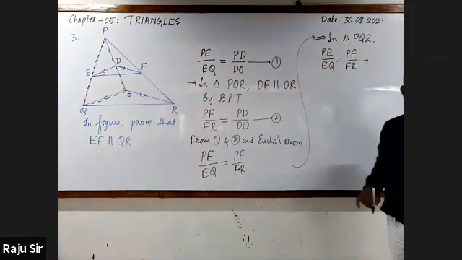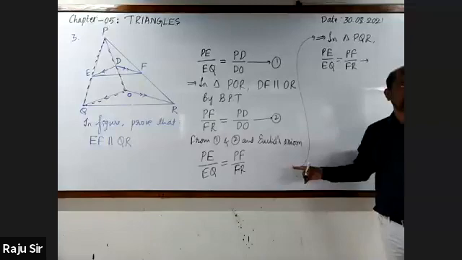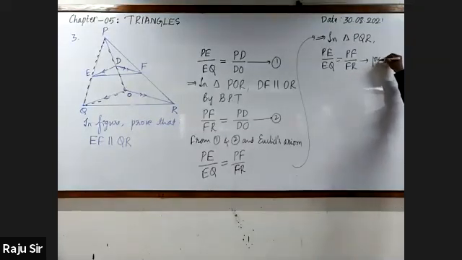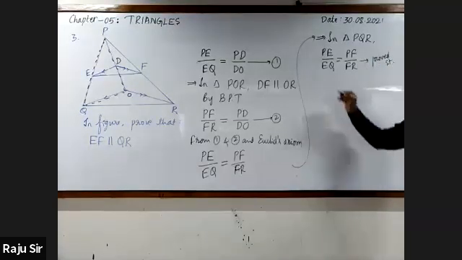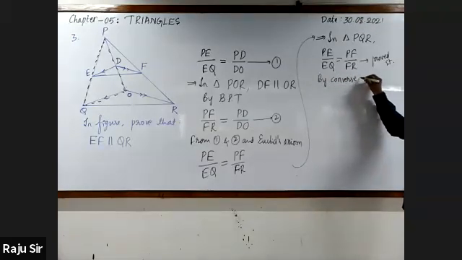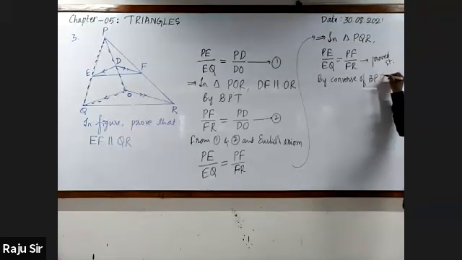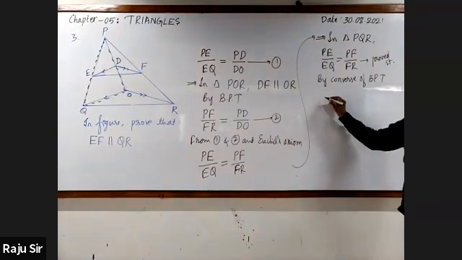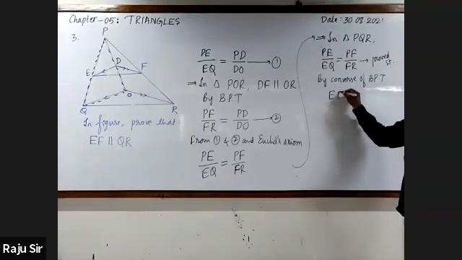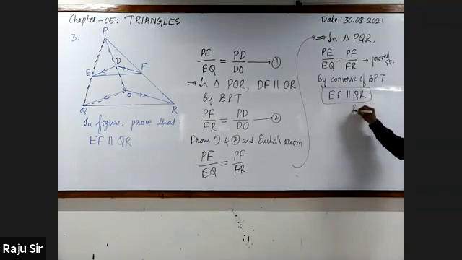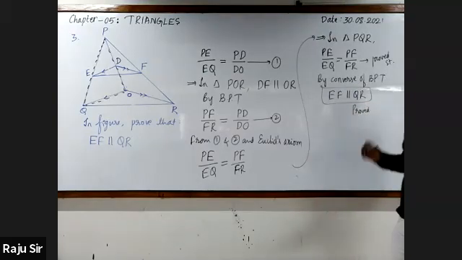What is the reason? It is the already proved statement. We took what we had proved. Now you may write by converse of BPT or Thales theorem. We may write EF parallel to QR. Hence the statement is true.